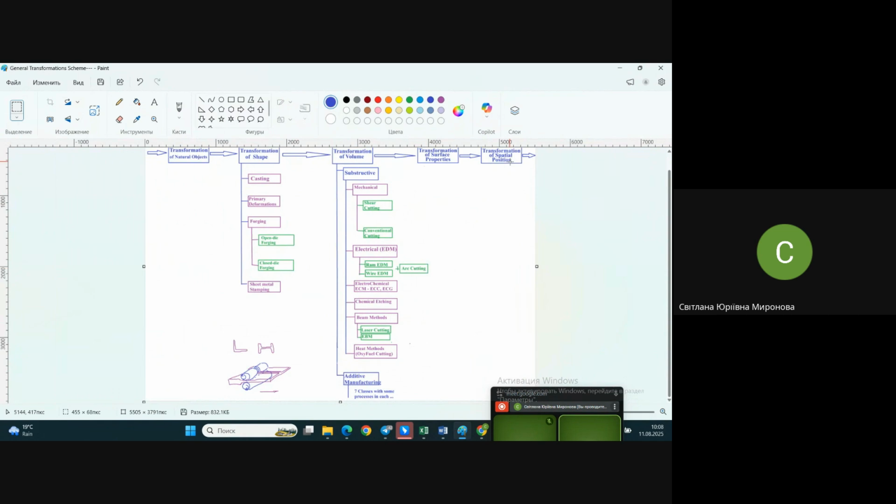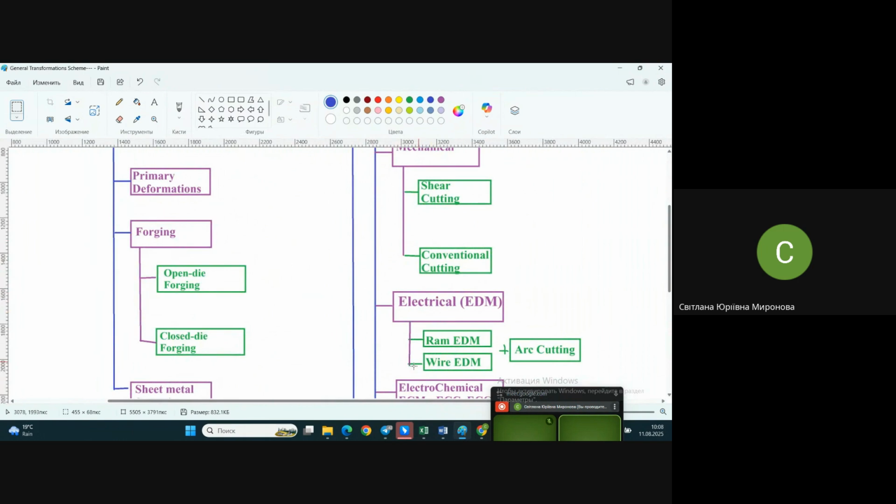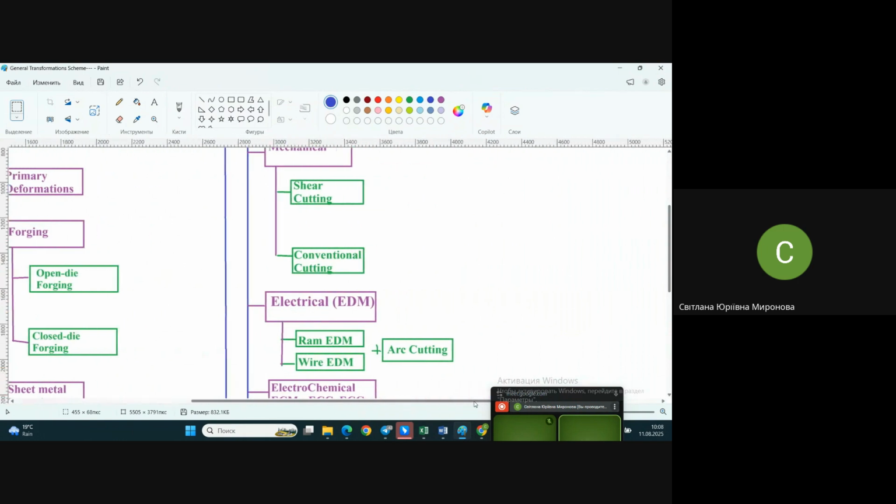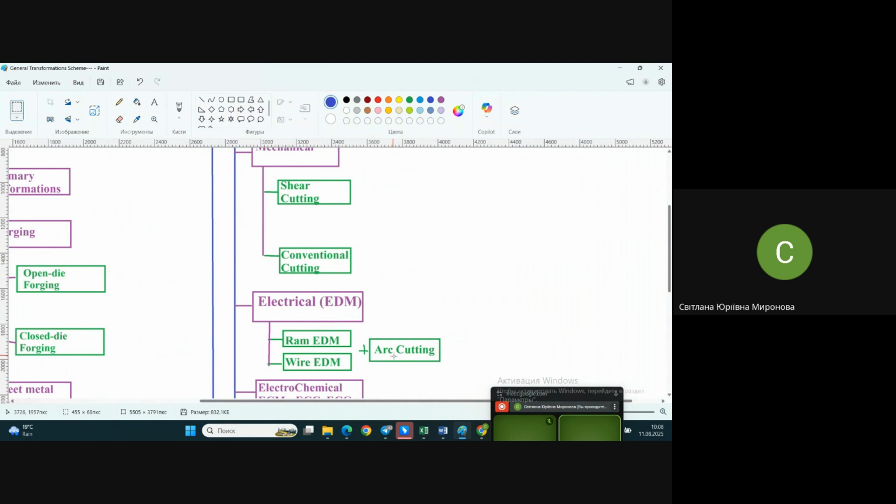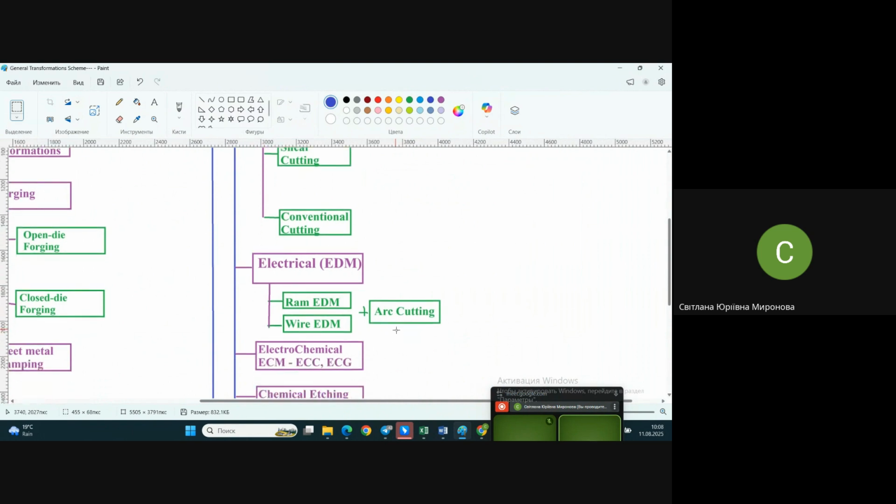And some of them may be used in transformation of spatial position in terms of making joints. In particular, look at this. We get used to seeing this collocation, arc welding, yes? But arc cutting is also possible, and moreover, it's widely used, so-called arc gouging by carbon electrode.